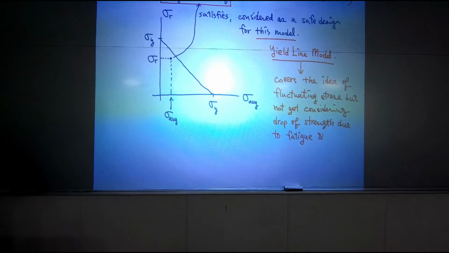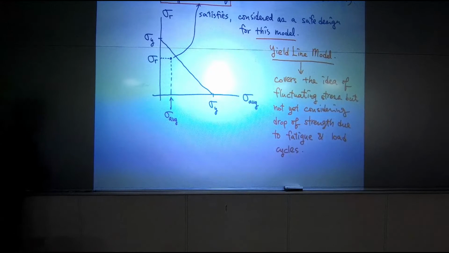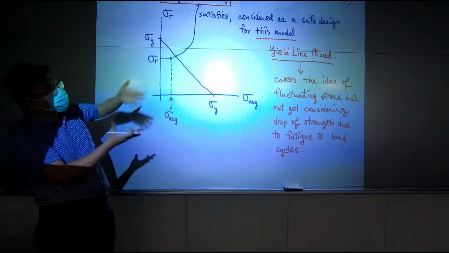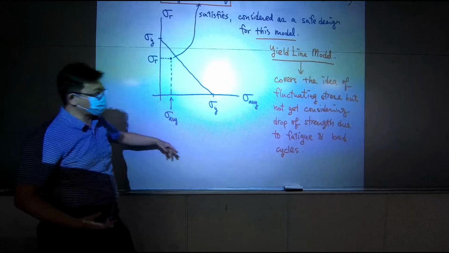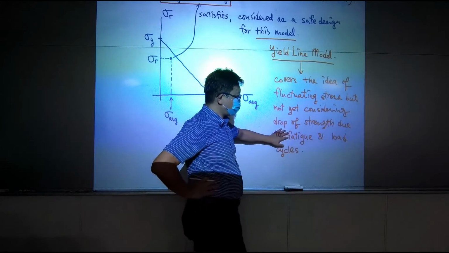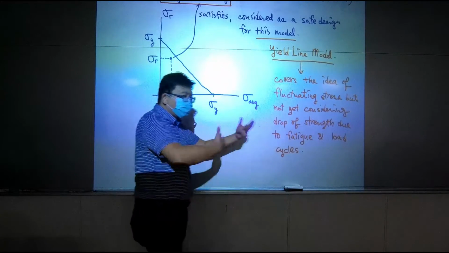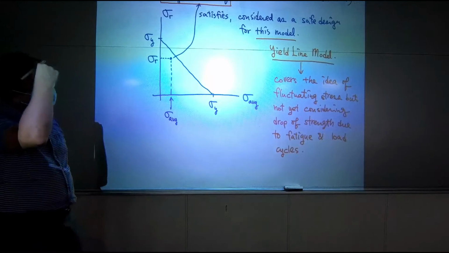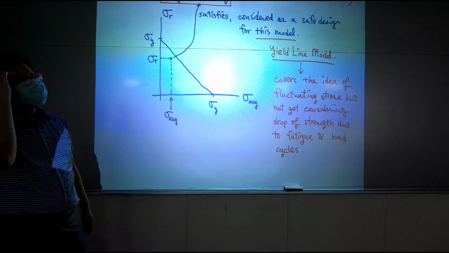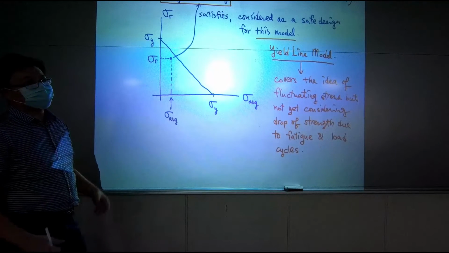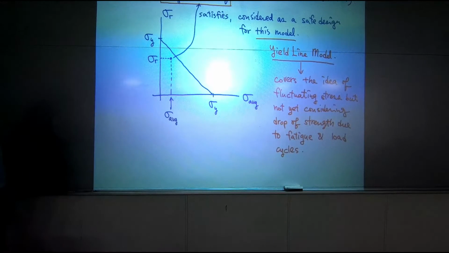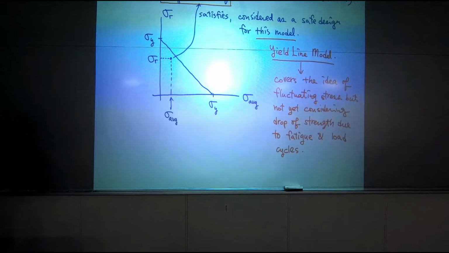And of course, the low cycles. Okay? In this equation, you don't see this model considering the fatigue and the number of cycles. So what can we do? We don't want this model to be too complicated. And the idea is there's another model, the second model.